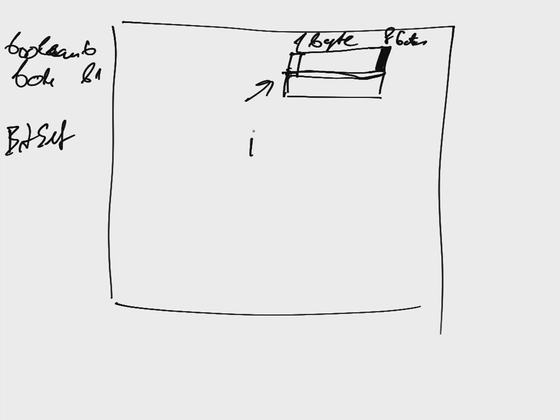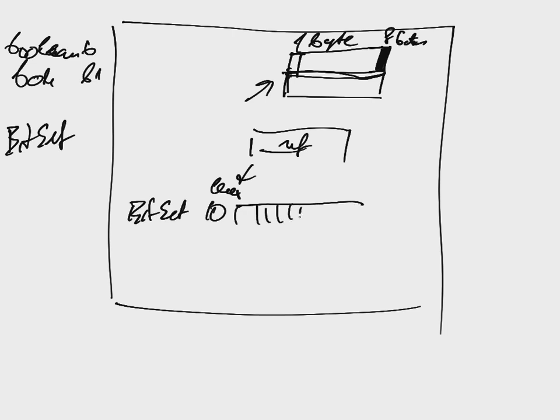For this BitSet object, of course it's an object, you create a reference for it, and when you initialize it, you say that it will have 10 cells, it is the length, and it is an object of the BitSet class, and here it has reserved 10 bits inside memory.